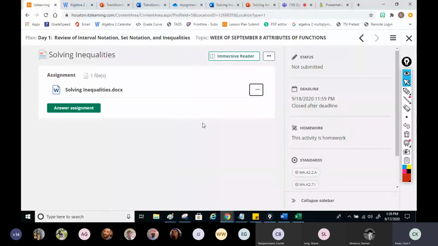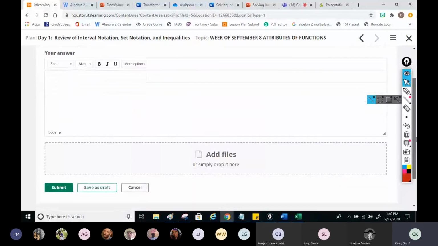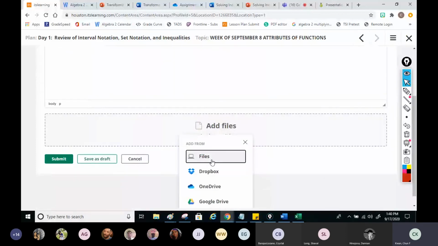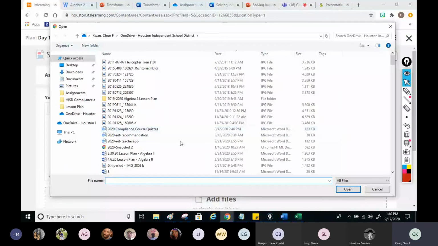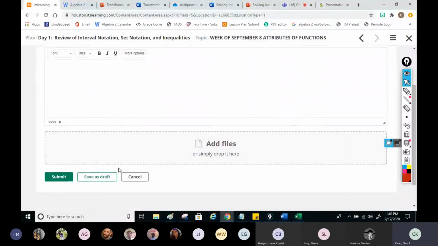I'm still getting like 200 emails per day. So do not send it to my email. I want you guys to upload it right here on the answer assignment. Answer assignment, click it, and then you will add files and upload it, okay? Add files right here. And then you can pick your files, pick the homework assignment that you have, and then click open. You will upload it. And then click the submit button.